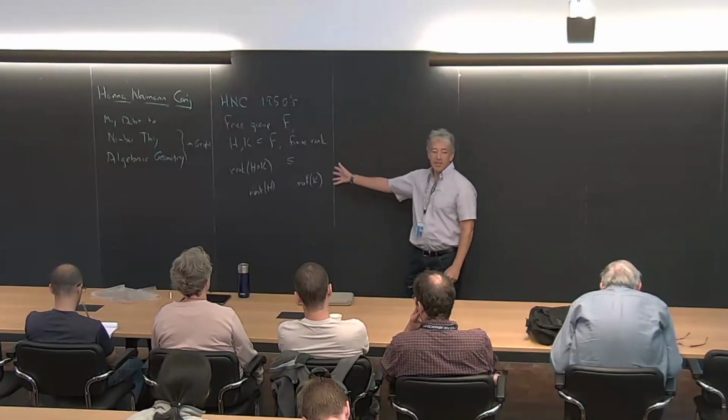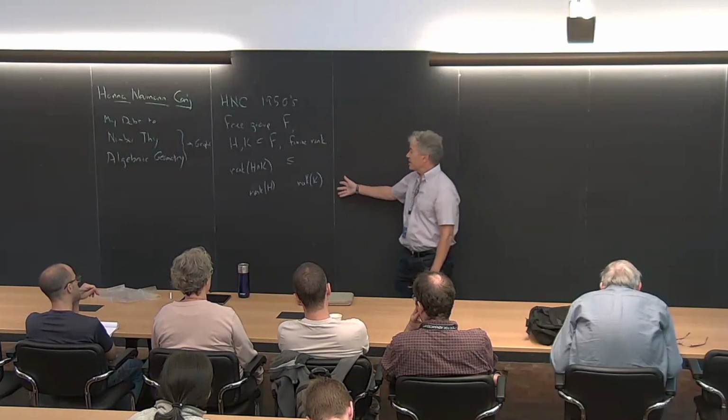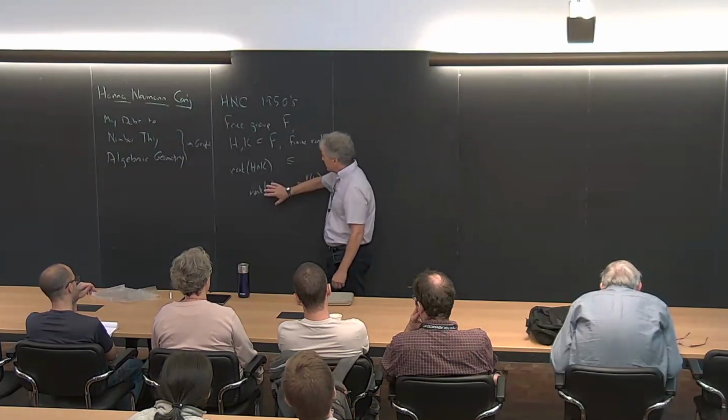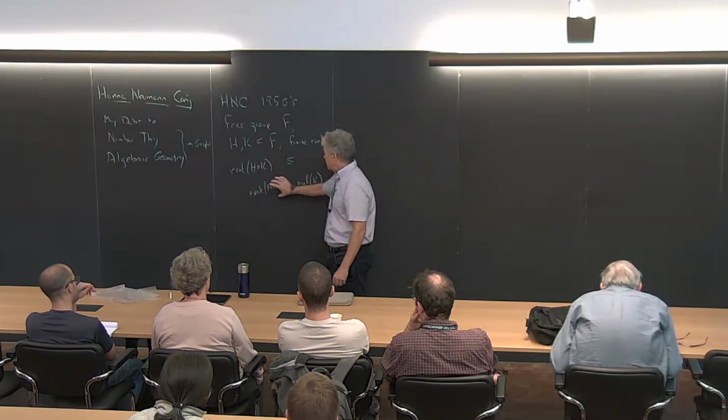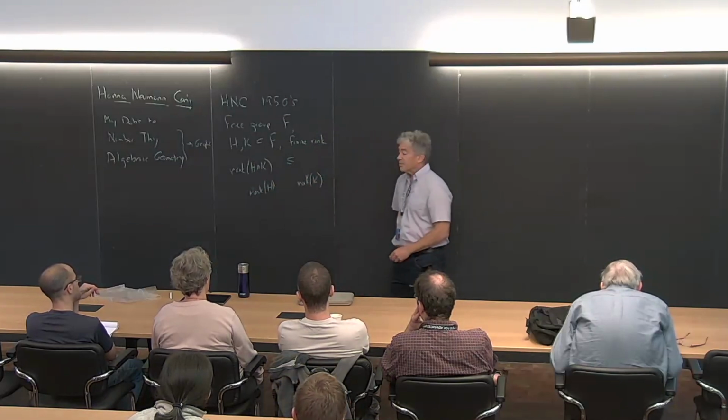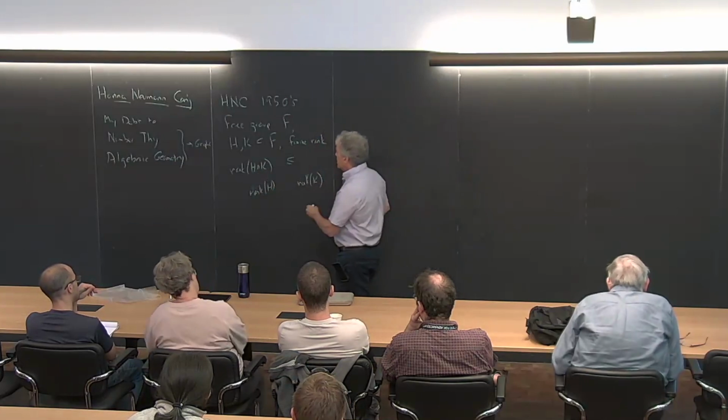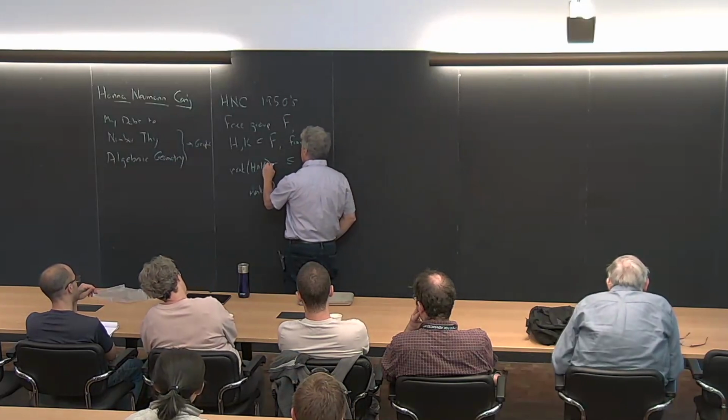The first one to prove any kind of inequality like this was Hausen, who proved that if these are finite, then you can bound the rank of the intersection in terms of the ranks of the groups.